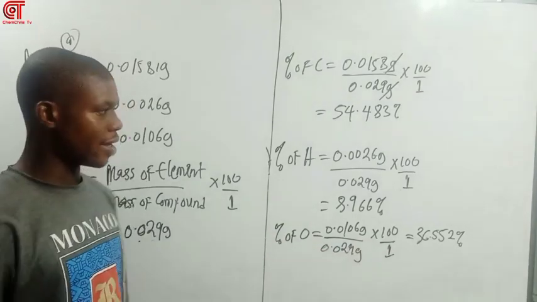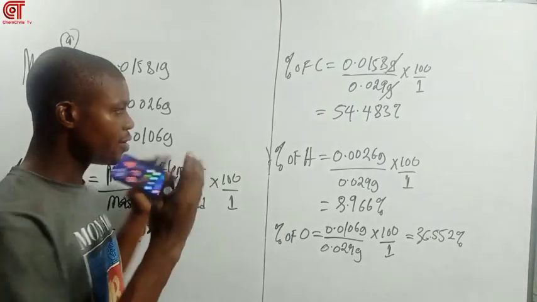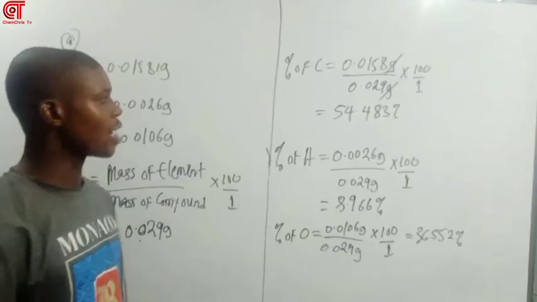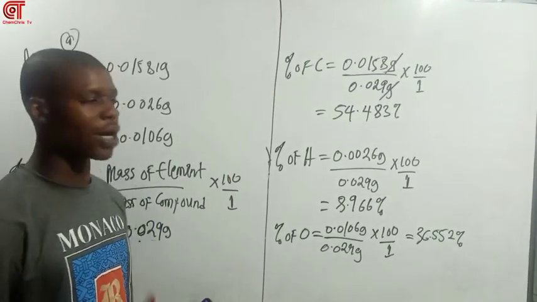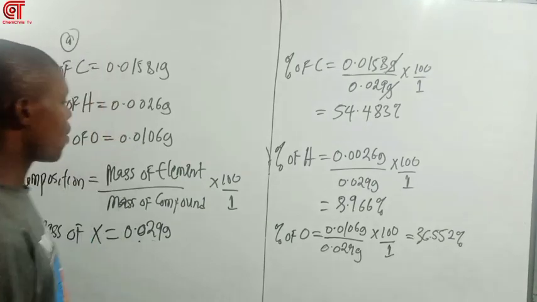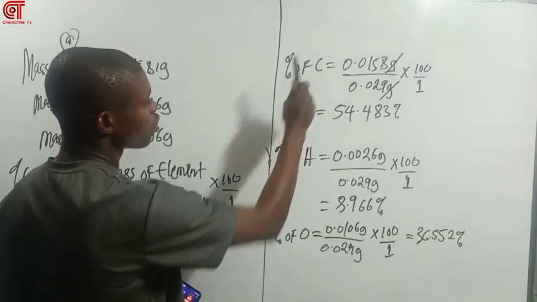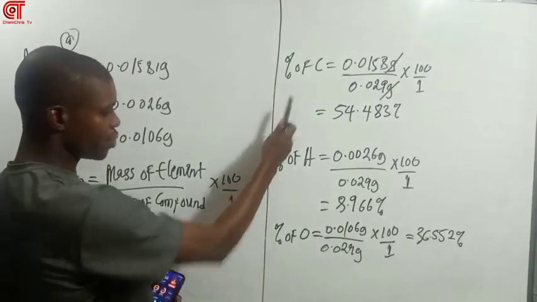The next one to do: we have calculated A and B. A says to calculate the mass of each of the elements present. B says to calculate the percentage composition. Now C says to calculate the empirical formula. You can either use the percentage composition by mass or the mass of the elements.